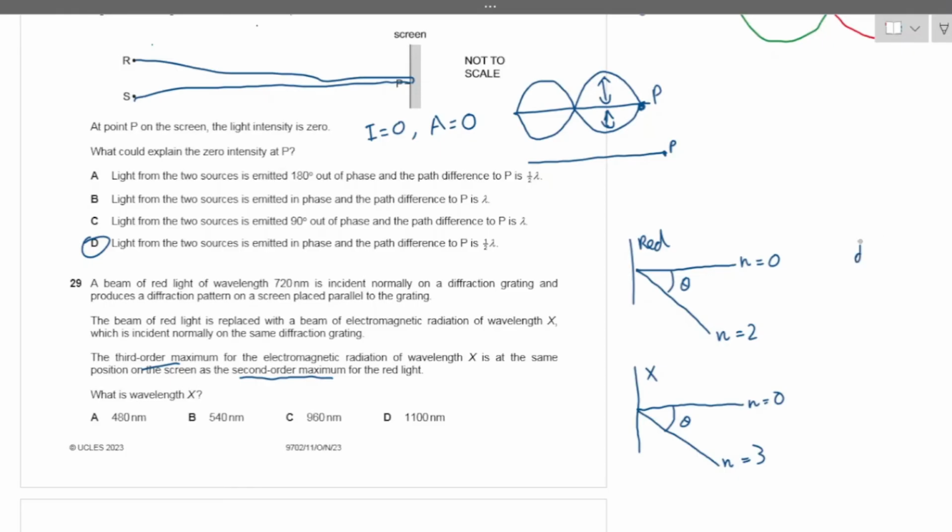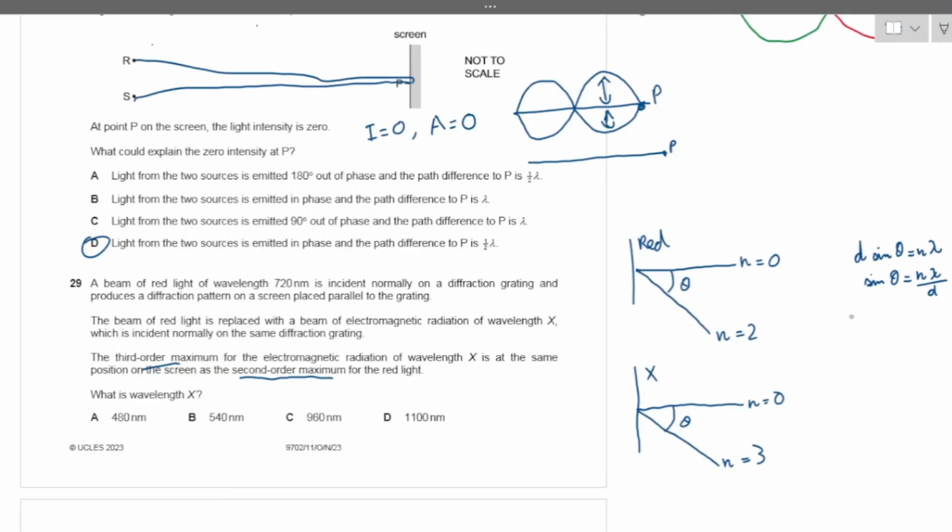So for a diffraction grating, you use the formula d sin theta = n lambda, right? So the sine theta would be equal for both of them. That means you can simply make sine theta the subject. That would be n lambda over d, because we know sine theta is the same for both of them.